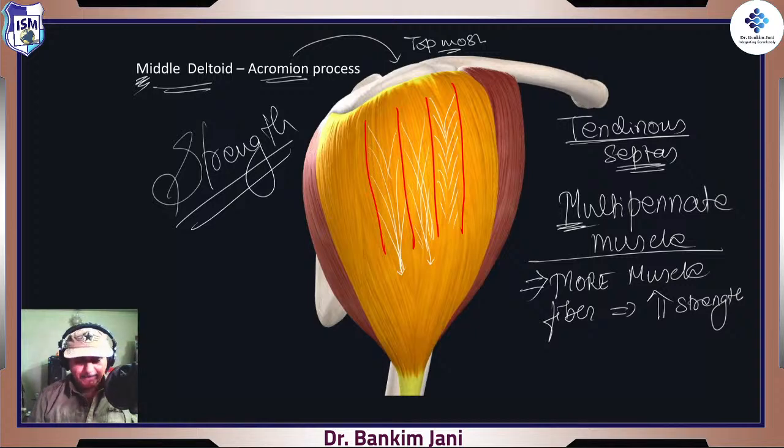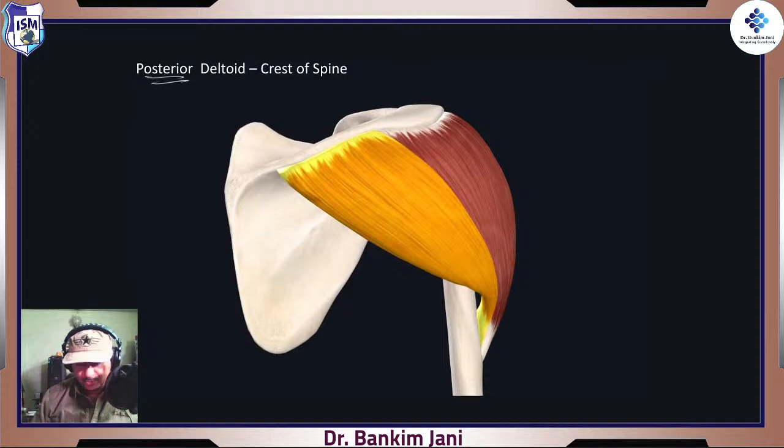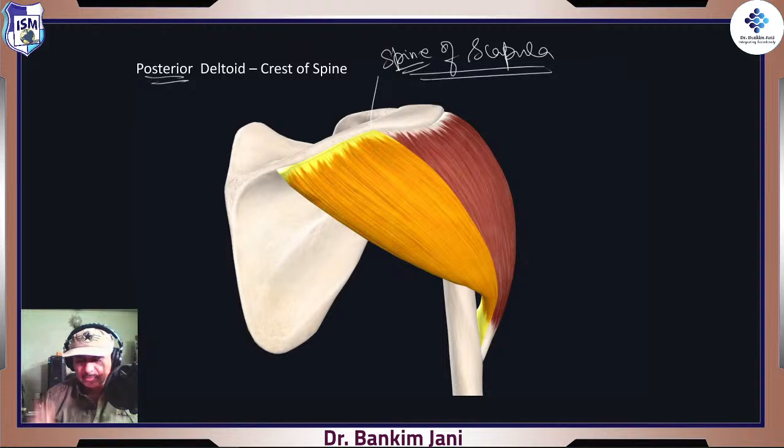Clear? Now we go back. This acromion process, you know it very well, was taking a turn and on the back side it was going to the spine. So here is the spine, the spine of the scapula.